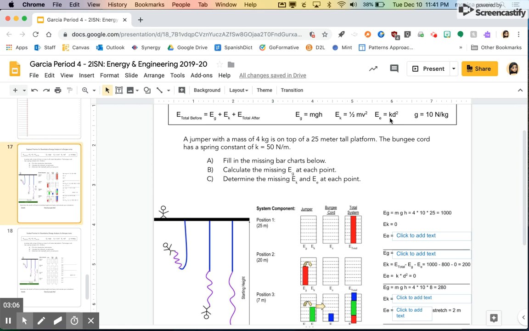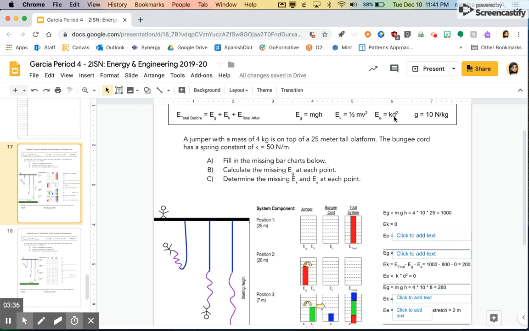Remember that every single spring in the whole entire world has its own unique spring constant, and this tells us how stretchy the spring is. So for example, if you had a really stretchy rubber band, you're going to have a spring constant that is small. Versus if you have a really stiff rubber band, one that takes a lot of energy to stretch, this value is going to be really big.